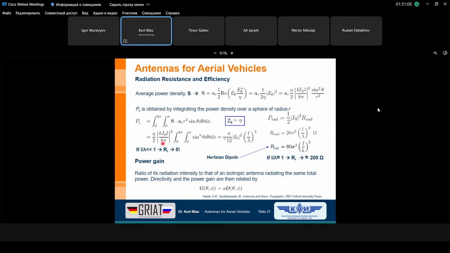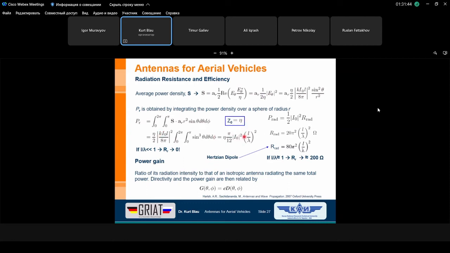And here divided by 8 pi, developed by the integration. If you integrate it, you find this as a result: the radiated power is the wave impedance multiplied by pi divided by 12, then the current at the origin squared, and also the ratio of the length of the dipole to lambda, also squared. This lambda comes from the k here.